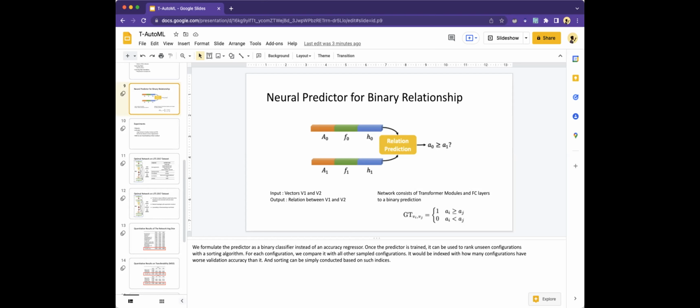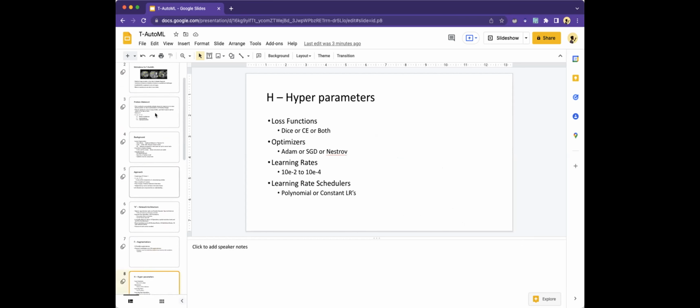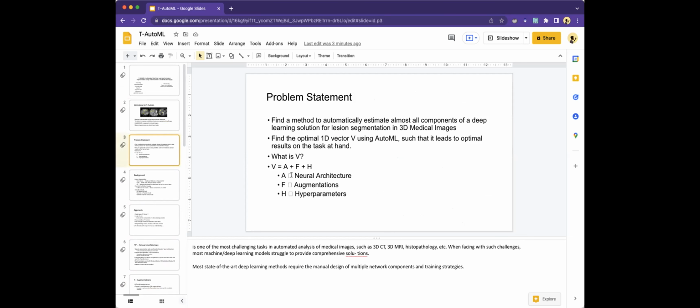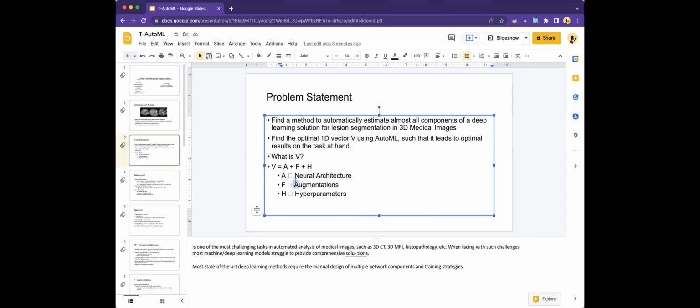So that's why they propose to use automated machine learning. And is there any background work in automated machine learning in the medical domain? Currently, as they said, it is there, but they are not fully optimizing every parameter in the network. Let's say they are optimizing only A part, but they are not optimizing F and H part. So that's why they are motivated to solve this. Okay, got it. Thank you.